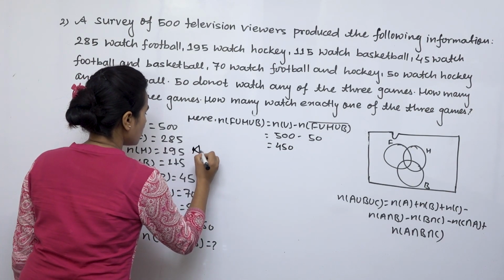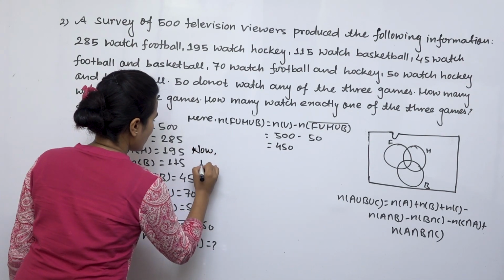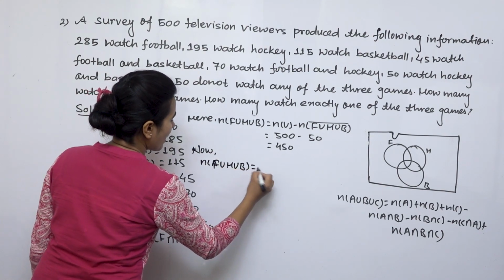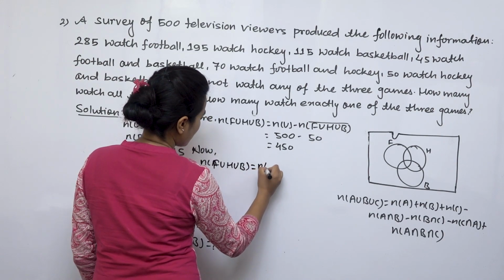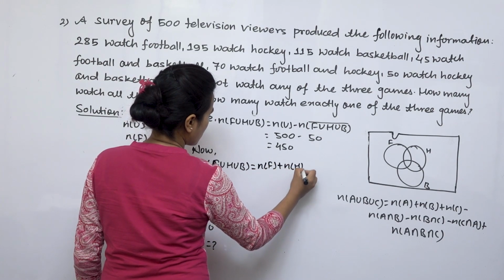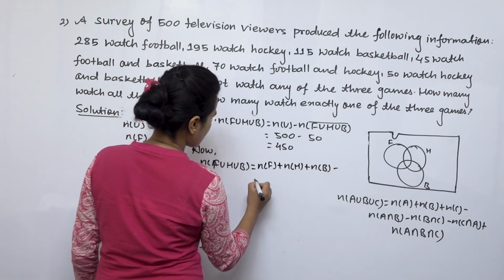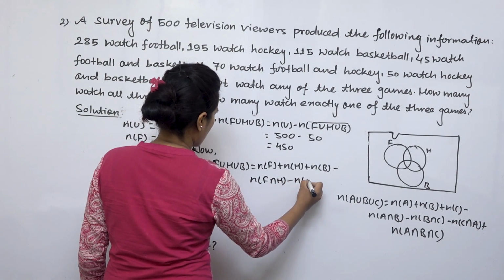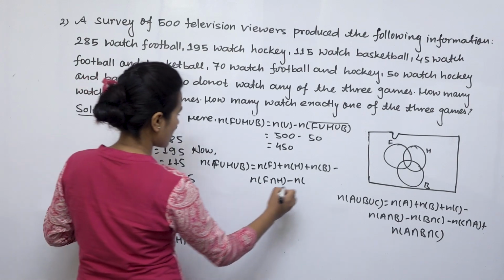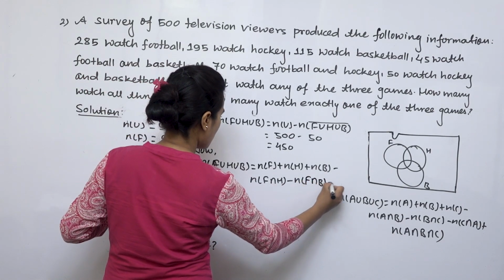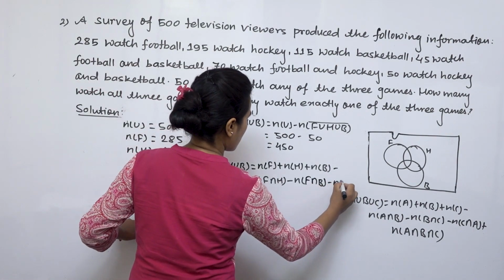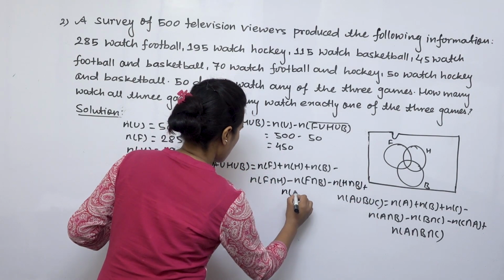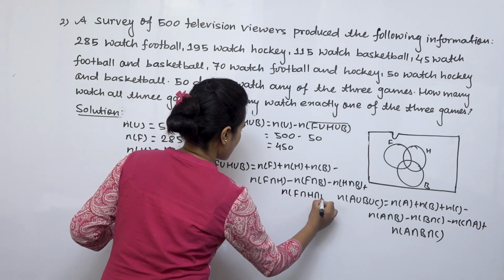Now to find out n(F union H union B), we have the formula: n(F) plus n(H) plus n(B) minus n(F intersection H) minus n(F intersection B) minus n(H intersection B) plus n(F intersection H intersection B).